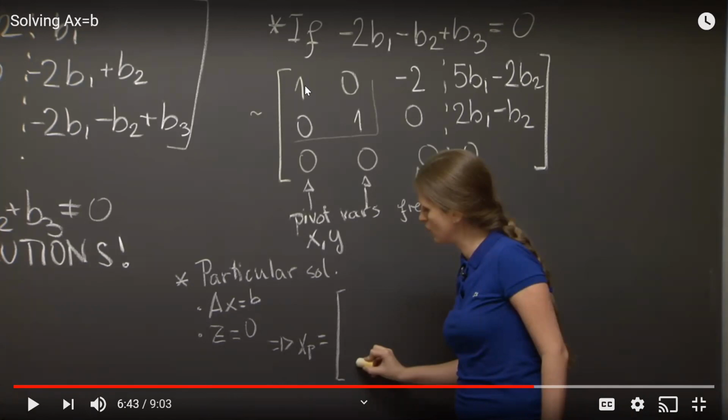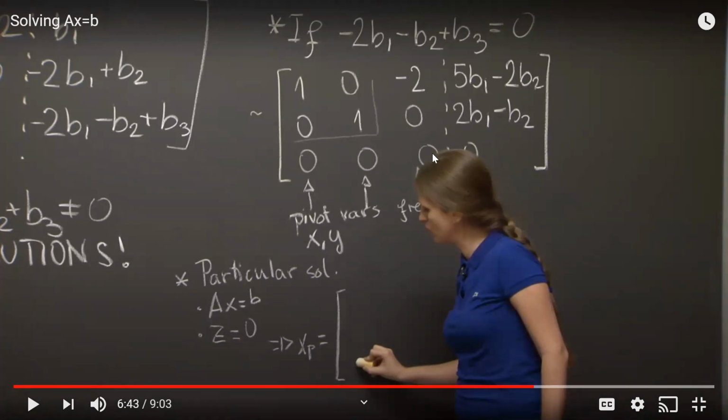so now if I put the free variable 0, this will become x equal to 5b1 minus 2b2, because this minus 2 multiplies with z, and z is 0. Now the second row will give us the equation y equal to 2b1 minus b2.